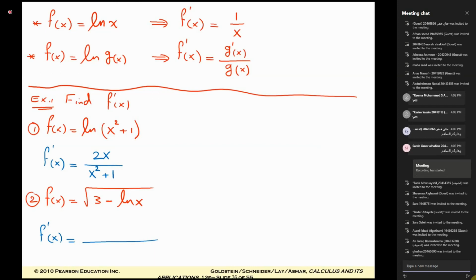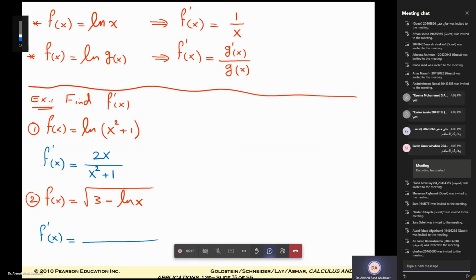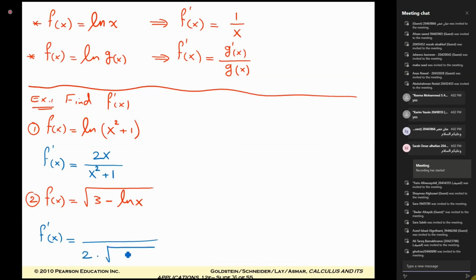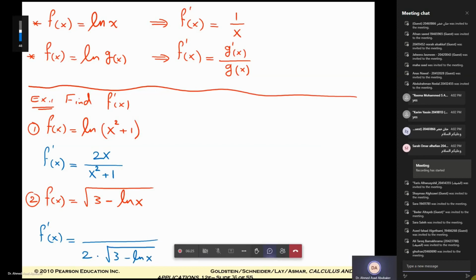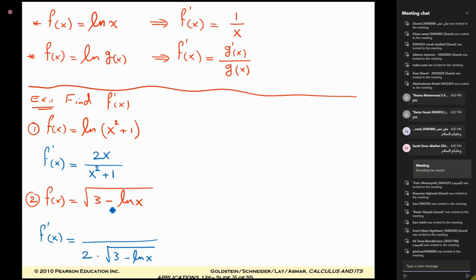So we have the rule for the derivative of a radical. The derivative of a radical equals the derivative inside the root over 2 multiplied by the same root, 3 minus ln x. In the numerator, we need to find the derivative inside the root. The derivative of 3 is 0. The derivative of negative ln x equals negative 1 over x.